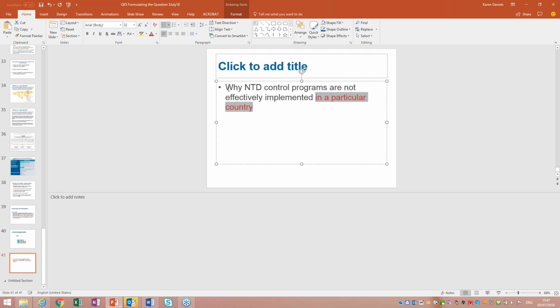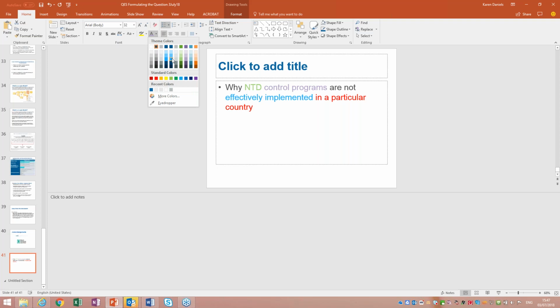So you're looking at this question. What is it that we're looking at? NTDs, which is neglected tropical diseases. So that is your focus. You're looking at another aspect of it, control programs, which is another part of your focus, and you want to know about effective implementation.